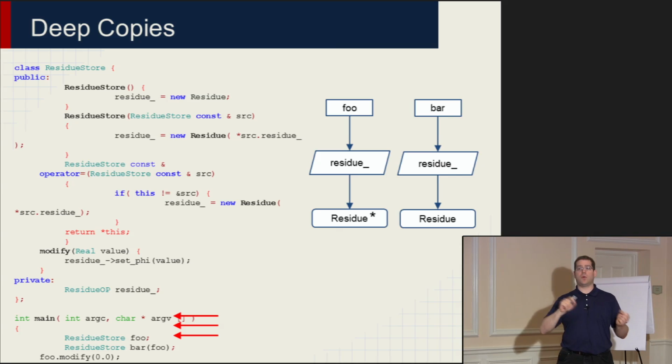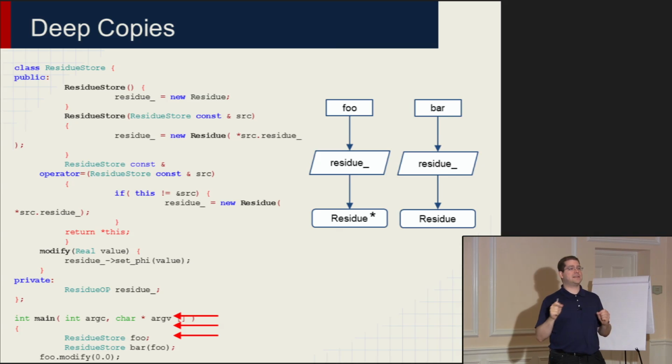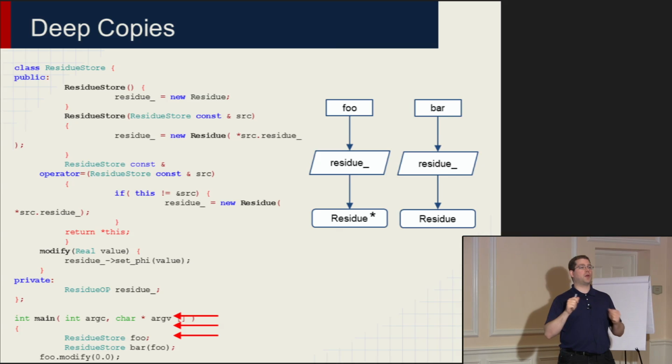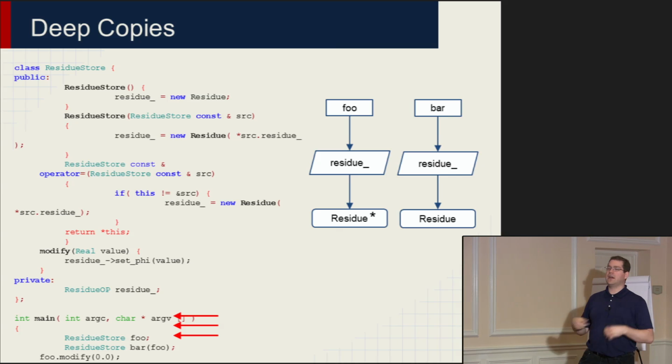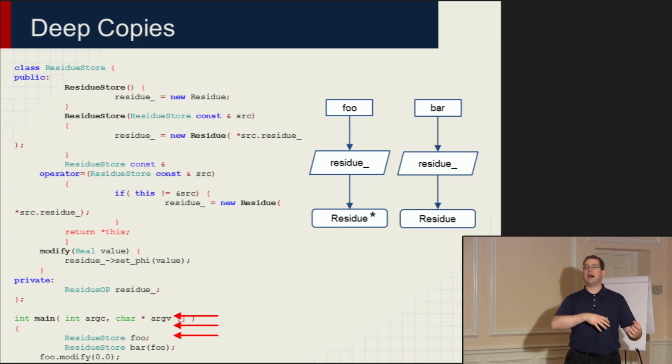If both sides of the assignment operator point to the same object, both of them are going to be changing as you change the object. And so that's one thing to be aware of, and it's relatively easy to put a check at the very beginning to say, am I assigning to myself? If I am, I don't have to do anything. If not, then I can proceed normally.